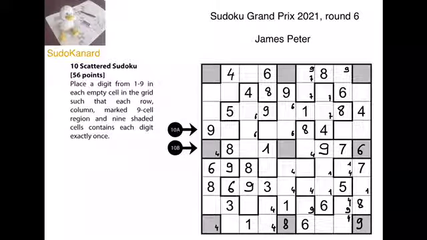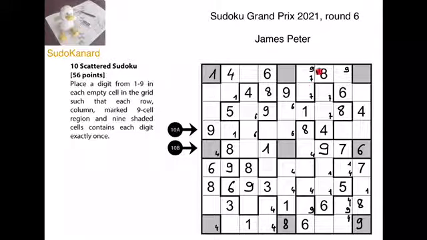Let's have a look now at this column, because 1 can't be here, it has to be in one of those 2 cells. And now about this column, 1 is not here, it's not here, it's not here, because of those it's not here, it has to be there. And we get another digit in the scattered region.